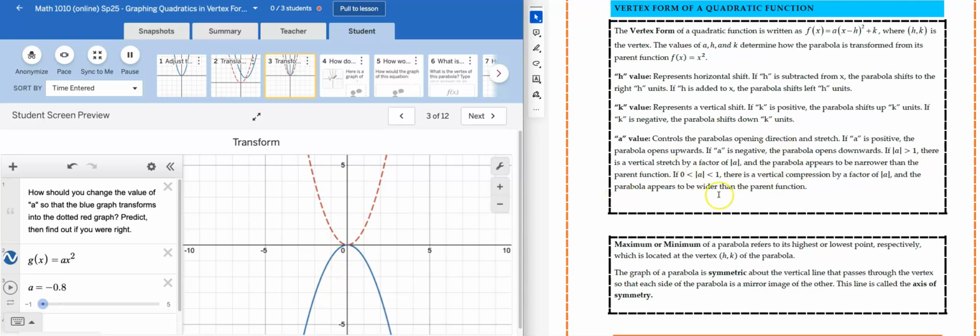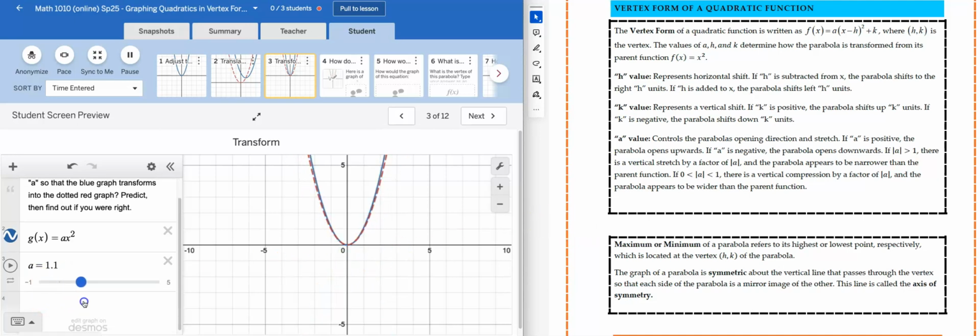But then A does a lot of things. If it's positive, then we know it's going to be a right side up parabola. And if it's negative, it's going to be an upside down parabola. But remember, if A is bigger than 1, then it's getting really skinny. The higher that number gets, the skinnier the parabola gets.